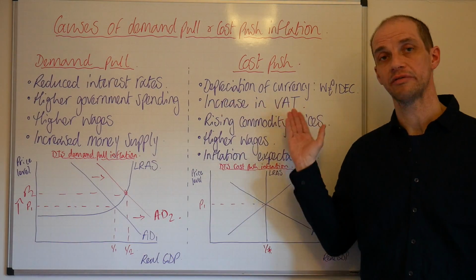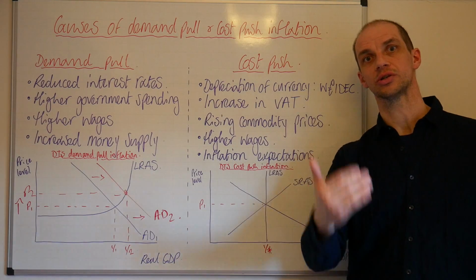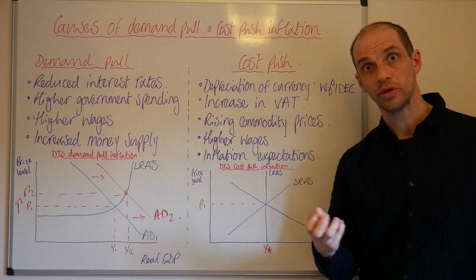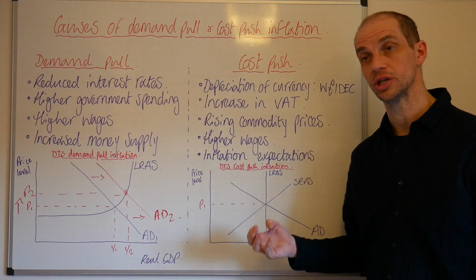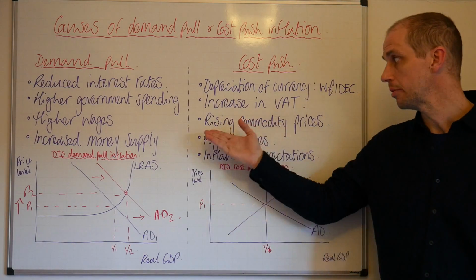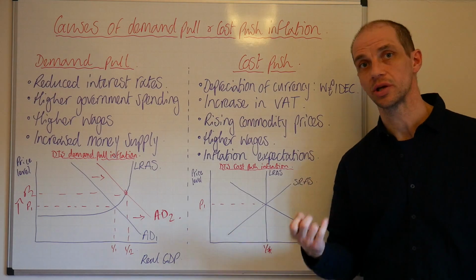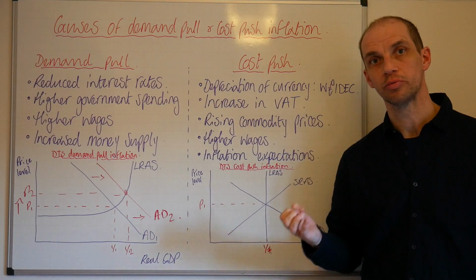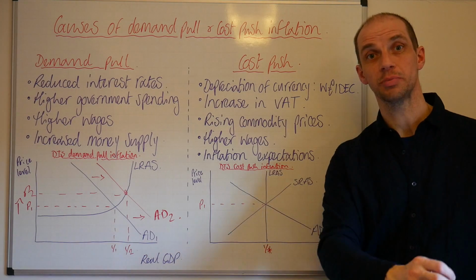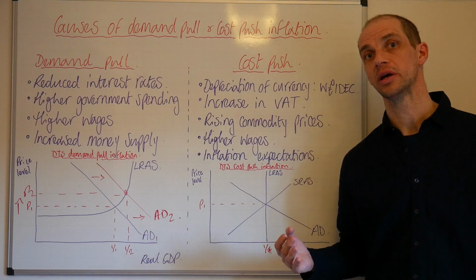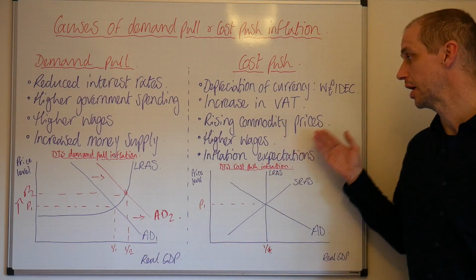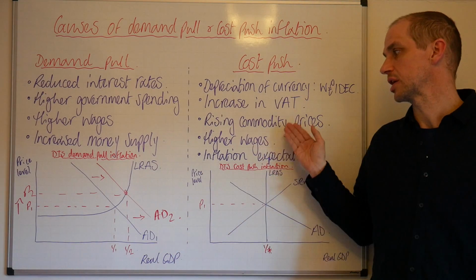So an increase in value-added tax from say 20 to 25% would add an extra markup to all those goods and services that were actually purchased, and that would lead to a short-term increase in cost push inflation. Rising commodity prices, yes, so we're well aware of this. If oil prices go up, then it tends to feed through into the price of just about every other good, because every good needs to be distributed with the exception of those digital goods. So another interesting example.